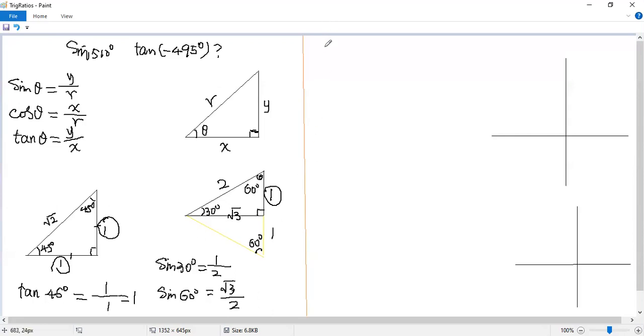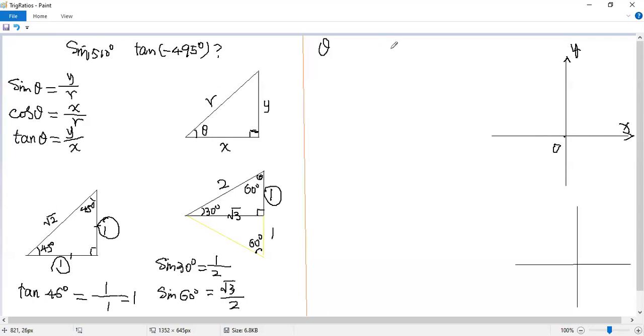Now let's consider a general angle theta. In order to evaluate the sine, cosine, and tan of theta, first we create a rectangular coordinate system. Put the vertex at the origin and the initial arm on the positive x-axis.